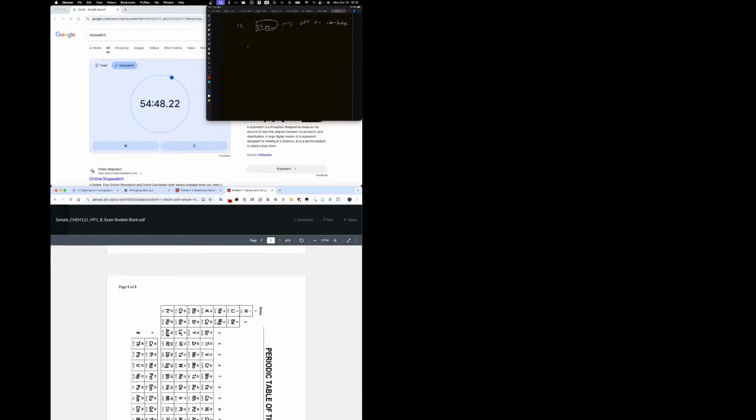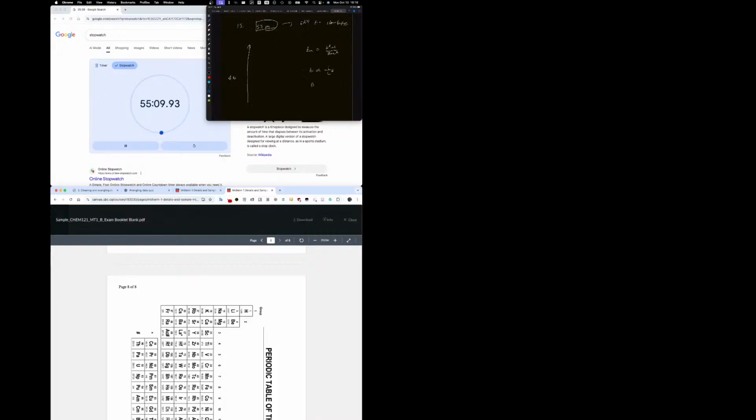So we have a scale, right? We have delta E. Which box is the longest? Well, we have En is equal to n squared times h squared over 8mL squared. So E is proportional to 1 over L squared.